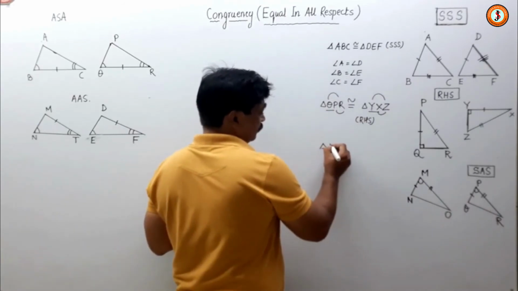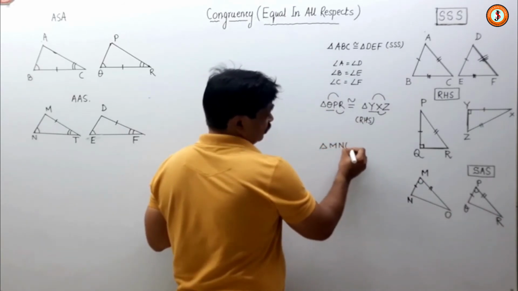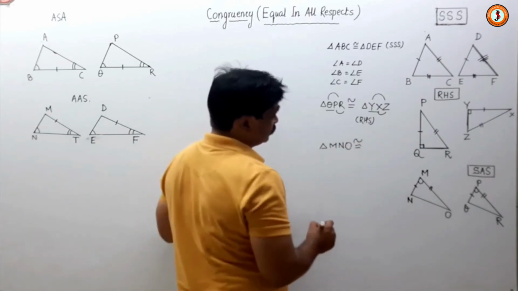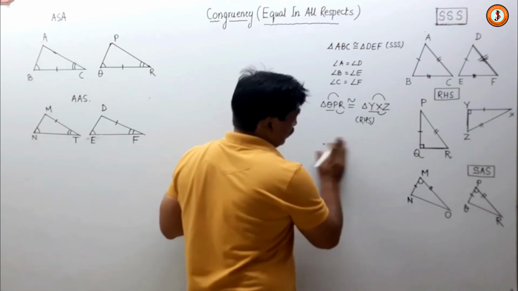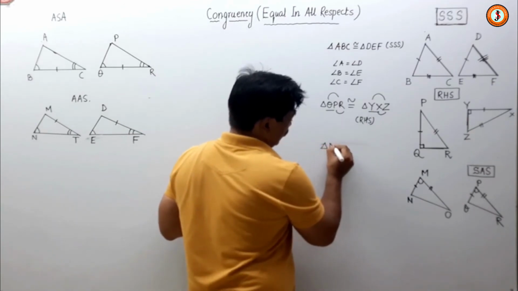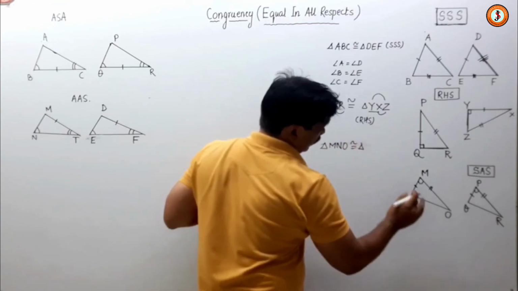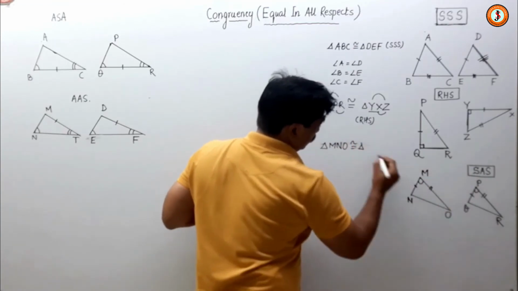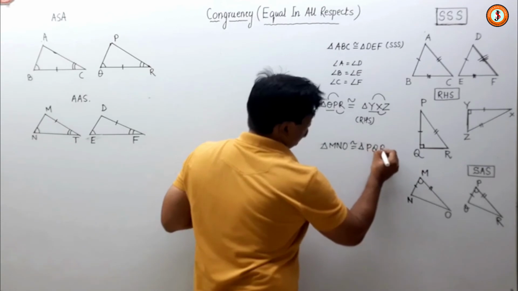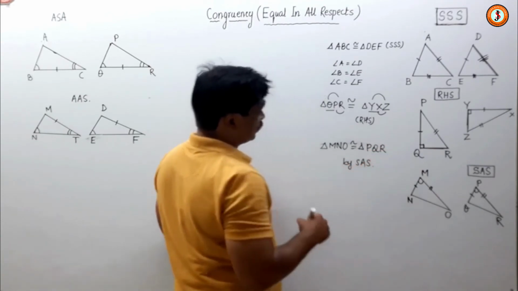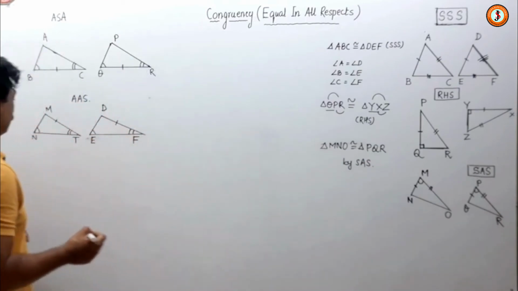But here equal sides contain equal angle, therefore these 2 triangles are congruent. That means triangle MNO is congruent to triangle PQR by SAS. So if two sides and the included angle are equal, then the triangles are congruent.